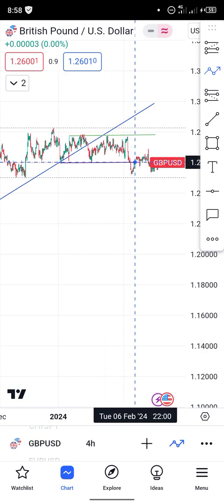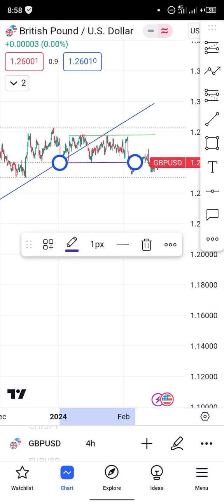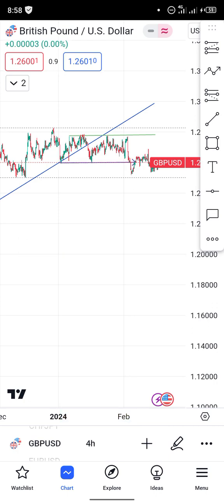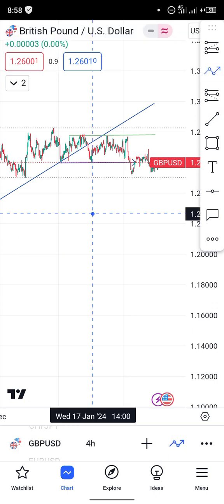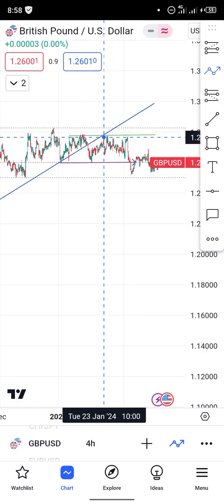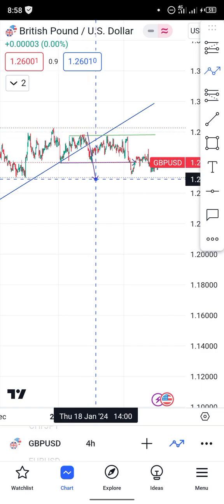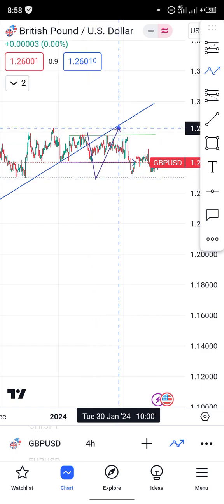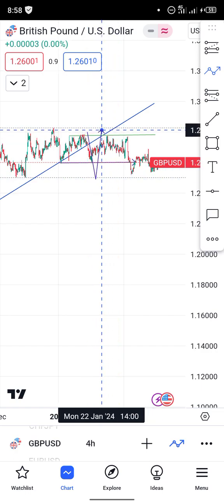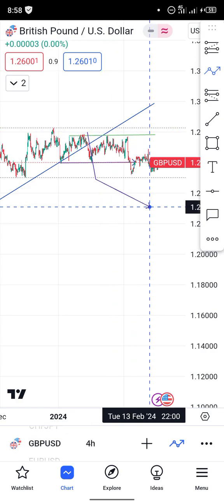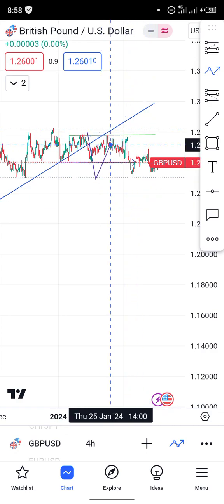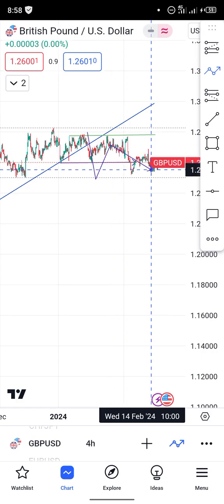So that means you now enter at this level. When the market broke it out here, you wait for a retest here, you place your entry at this point, and then you start selling. Entry at this point, then you start selling. Does that make sense to you?